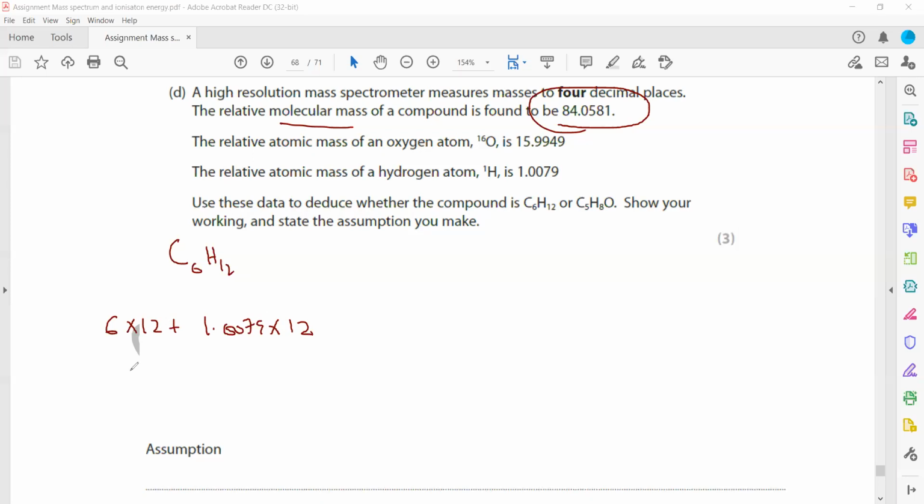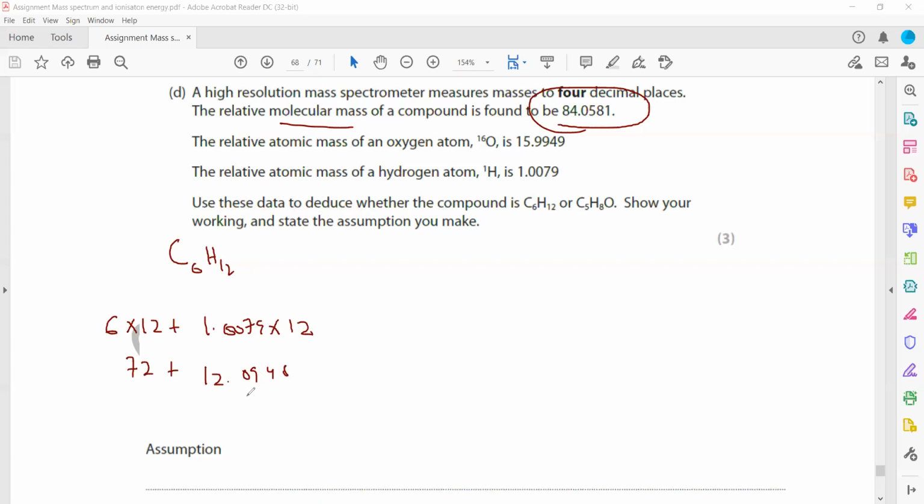6 multiplied by 12, that's 72. And 1.0079 multiplied by 12 is 12.0948.